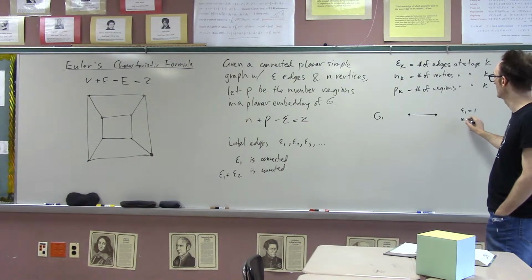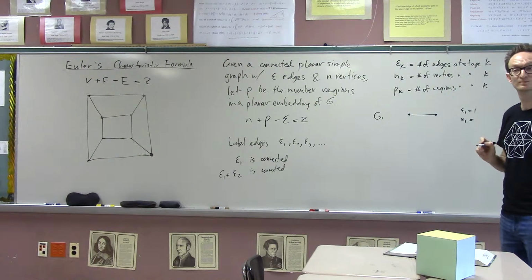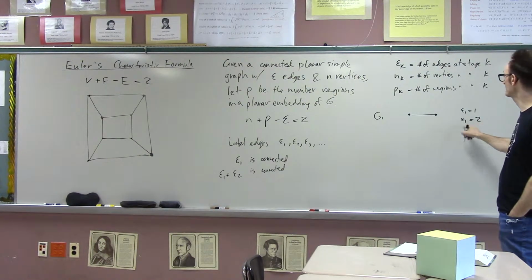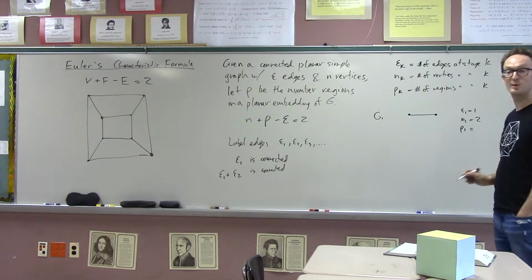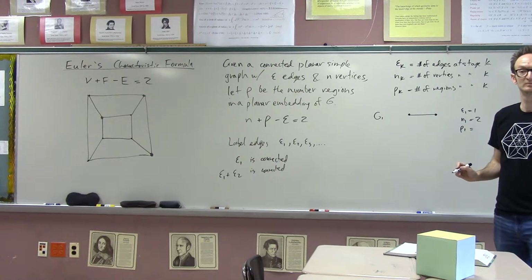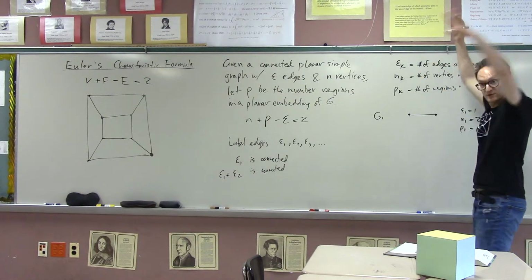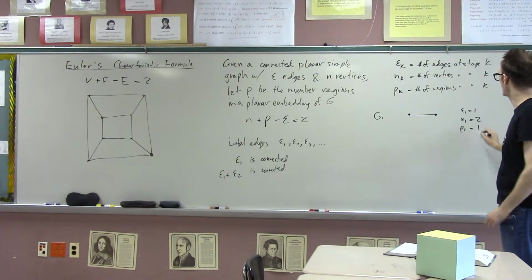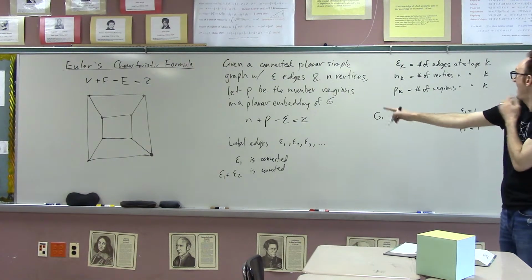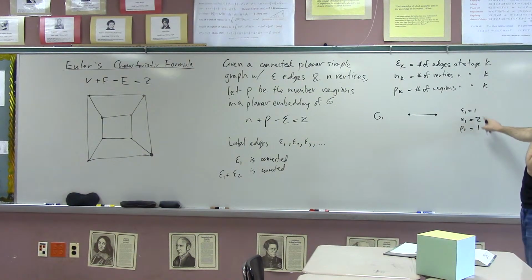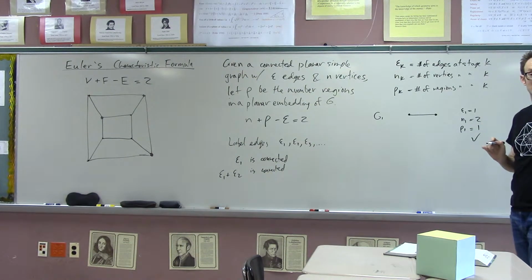What is N1, the number of vertices at stage 1? 2. What is rho 1, the number of regions at stage 1? 1, because the region is just the void that's out there. So is it true that 2 plus 1 minus 1 is 2? Check, the relationship holds at this initial stage.